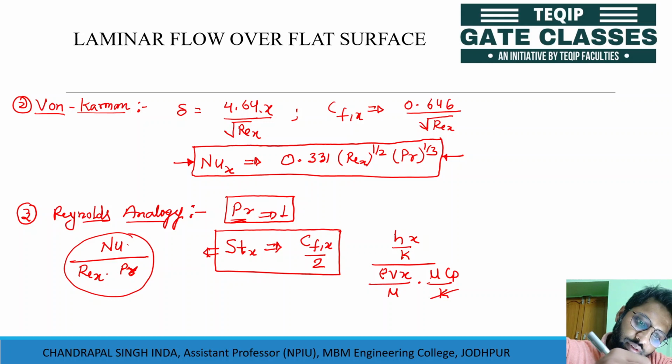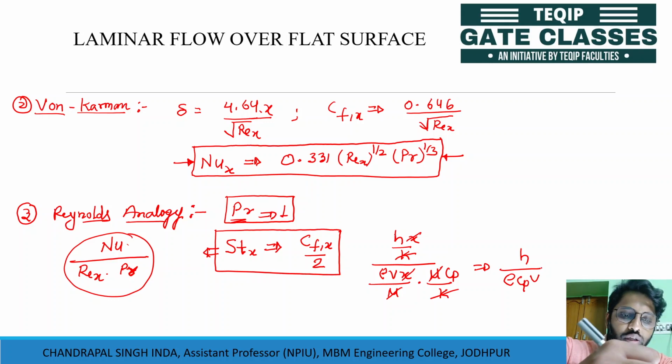Here we will have h by rho cp v. So we can multiply delta T on both sides.